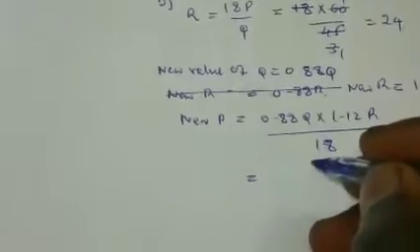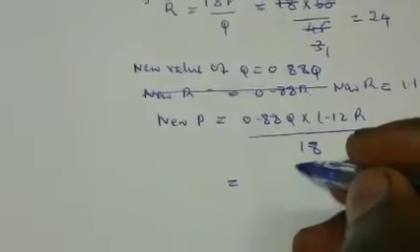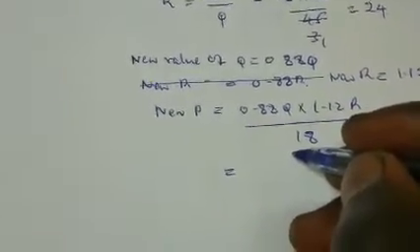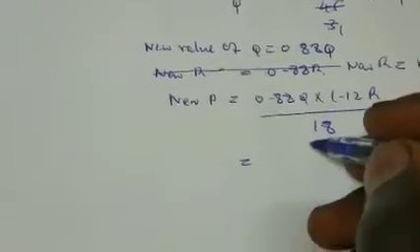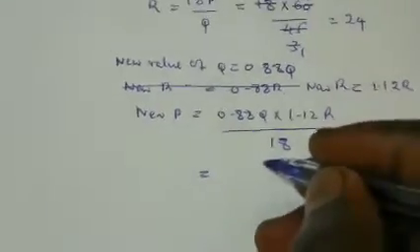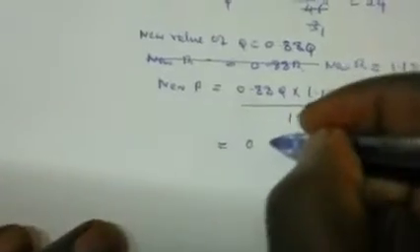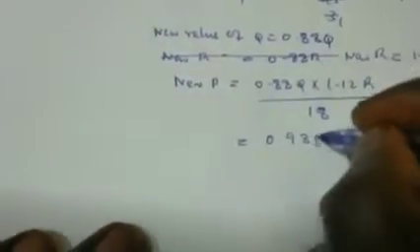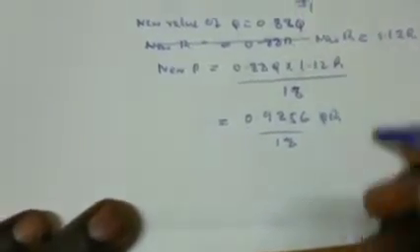and therefore that is now 1.12 times 0.88. That gives us 0.9856 over 18 QR.